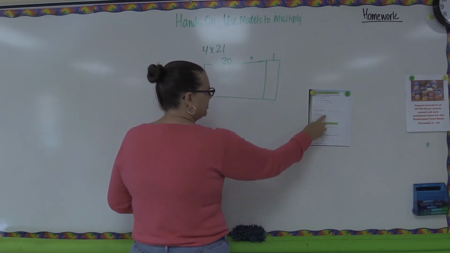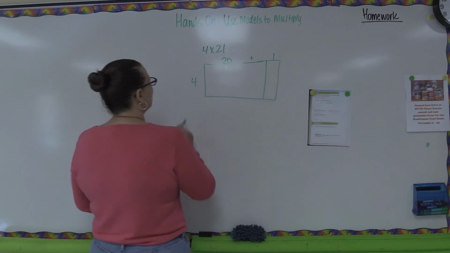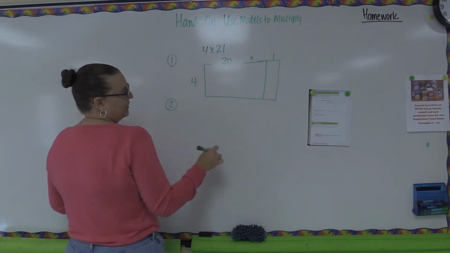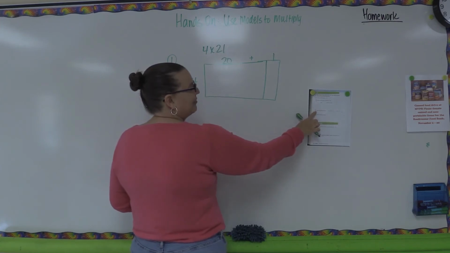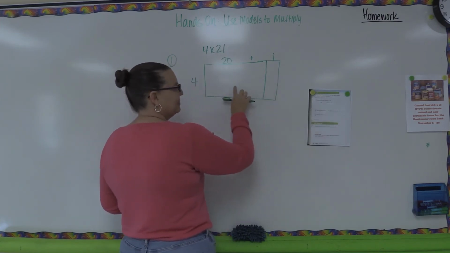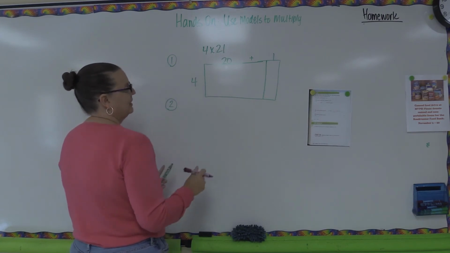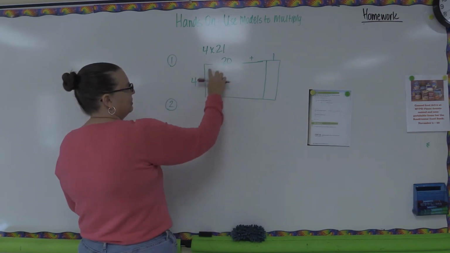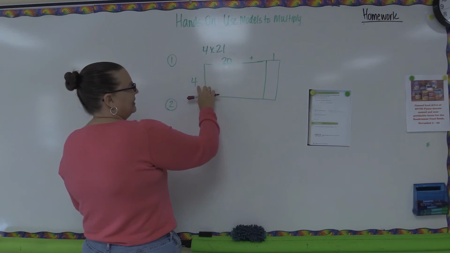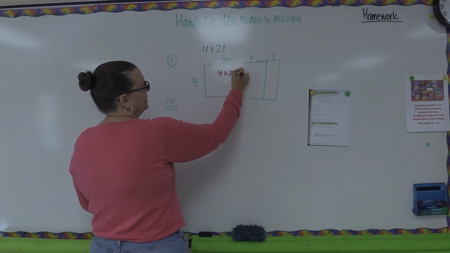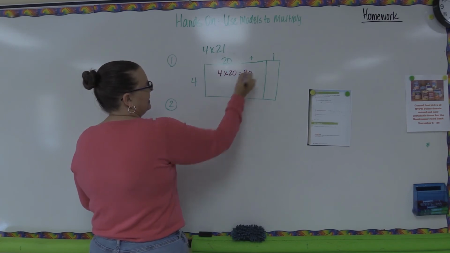So we're going to be doing the next steps for number 2. So this is part of number 1 on that problem. This is part of number 2. Number 2 says find the partial products. That's going to be the answers in these boxes. Remember? It's just like area with an array. So we're going to multiply the side here times the top here. So in this box, it would be 4 times 20, which is 80.